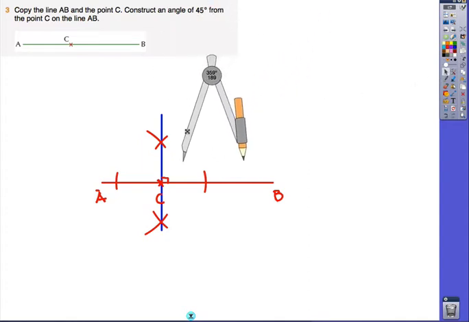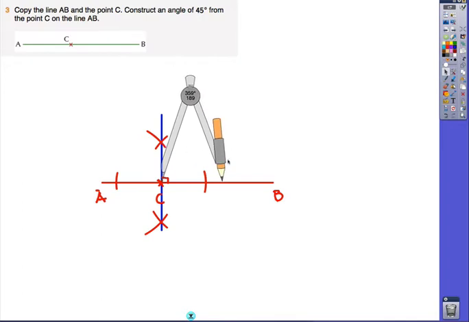Right. So to bisect this angle, again, I'm going to use a different colour for this so you can see what's really happening. Okay, so draw an arc that will cross this 90-degree angle.